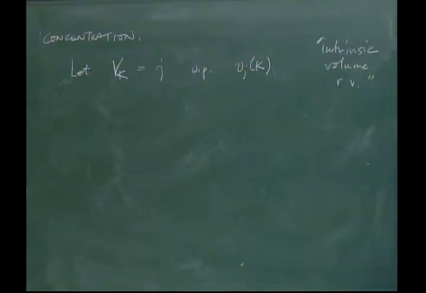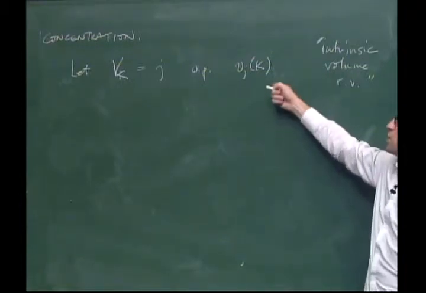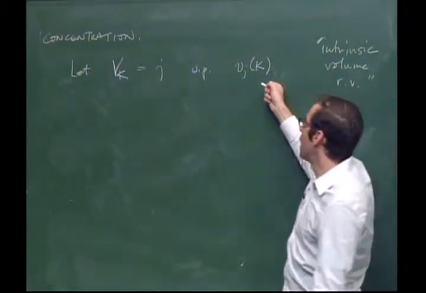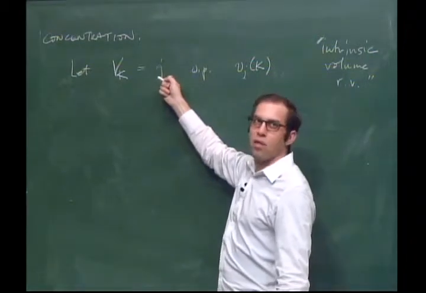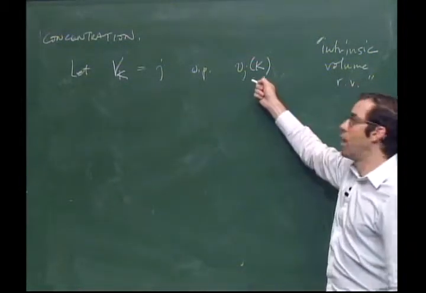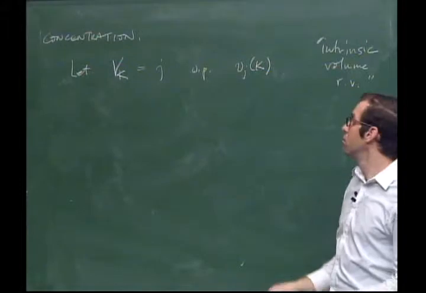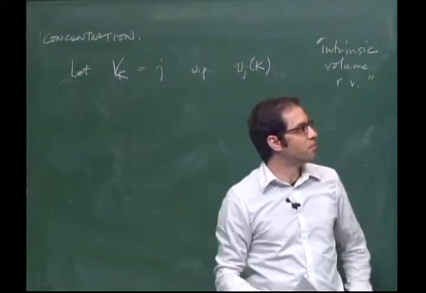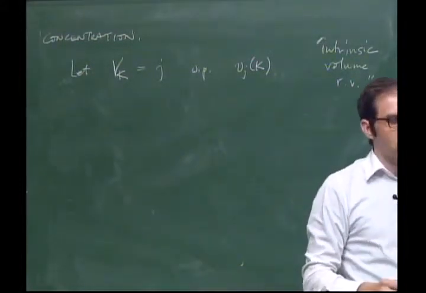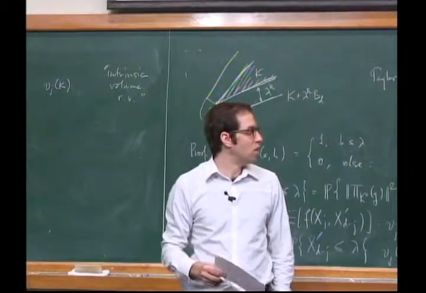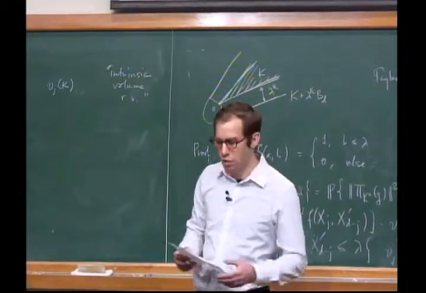Okay, so for a given cone K, we take its sequence of intrinsic volumes, and we make a random variable that has value j with probability vj. And we're going to use probabilistic methods now to understand the sequence of intrinsic volumes.